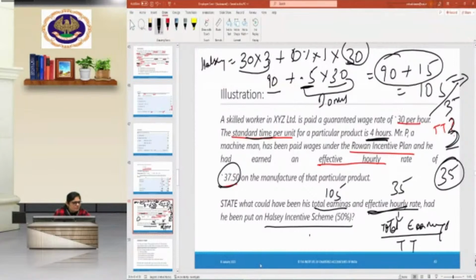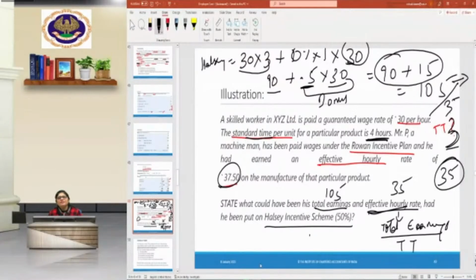Any doubt in this question, students? Total earnings have been taken instead of total labor cost, because in this question there is no other labor cost, no employee contribution fund and everything. This is the effective hourly rate to the worker. Whenever you calculate the labor cost for costing purposes, then we will be adding every other thing, but here we are just calculating the earnings of the worker.